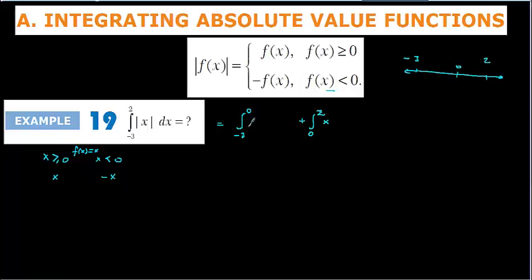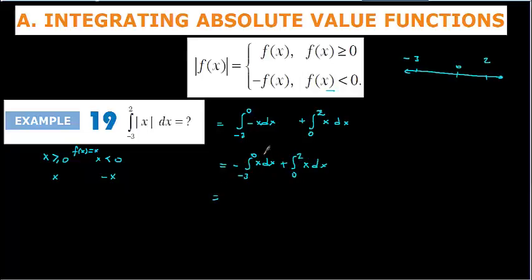Between minus 3 and 0, it's negative, so the function must be minus x dx. Then it's equal to minus the integral of x dx from minus 3 to 0, plus the integral from 0 to 2 of x dx.